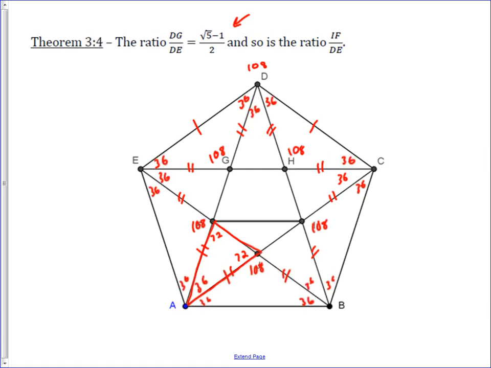So all of these have 72 degrees in them. And now we're ready to acknowledge the two basic types of isosceles triangles we have. One is this 36, 36, 108 triangle, and then the other is this 36, 72, 72.